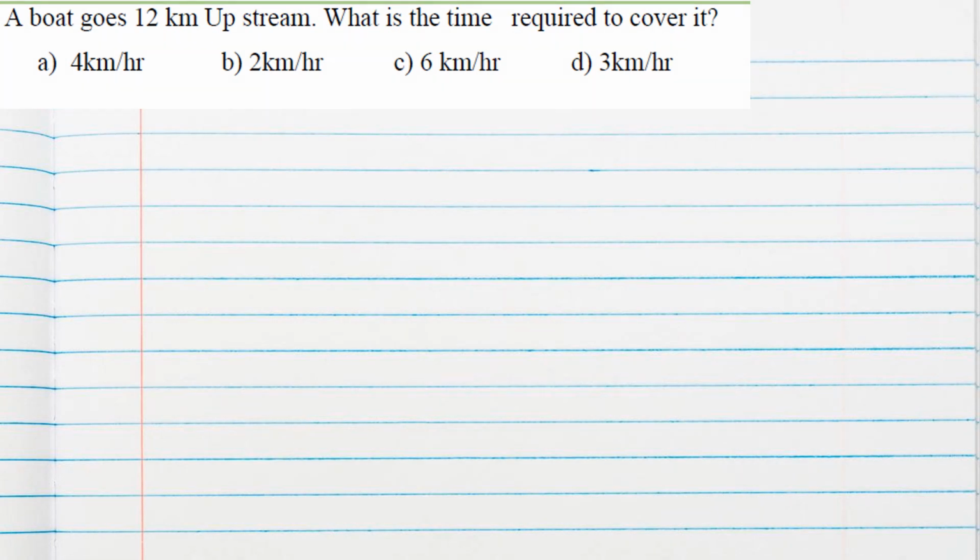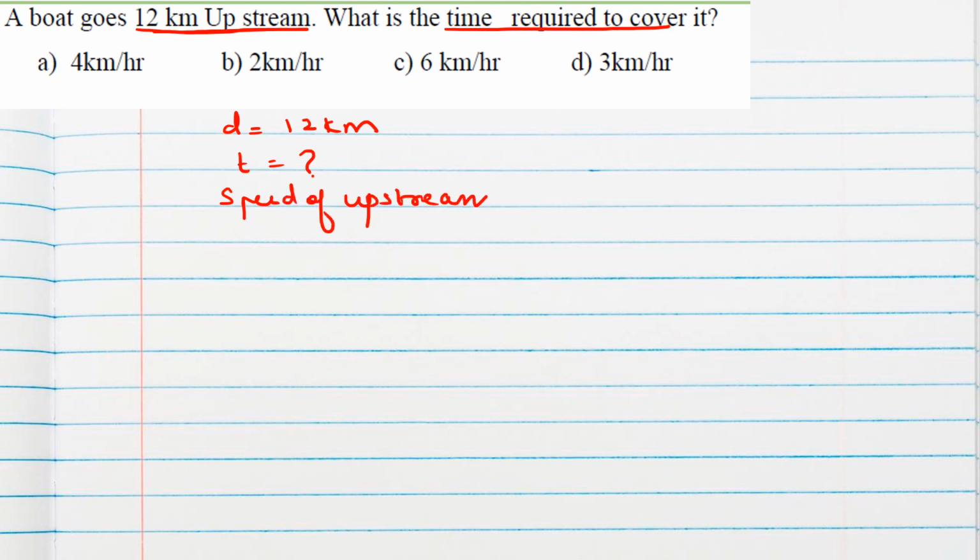Next question: a boat goes 12 km upstream, meaning distance is given for the upstream condition. Then what is the time required? Time is asked. So if distance is given for upstream, we will use the speed of upstream, which we already calculated, that is 3 km per hour in the second question.